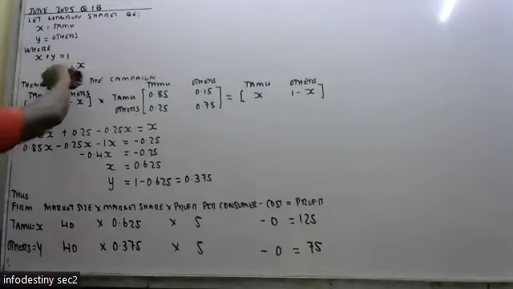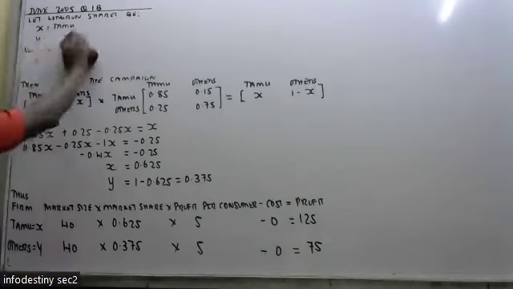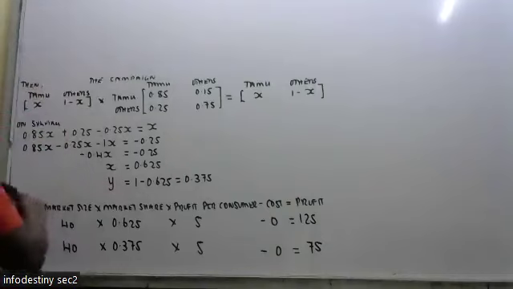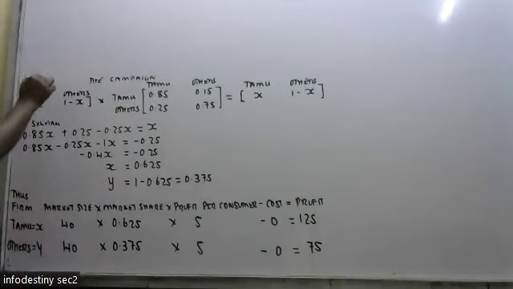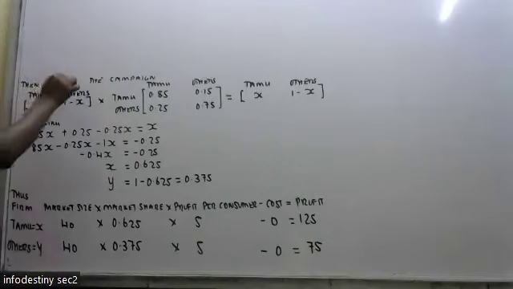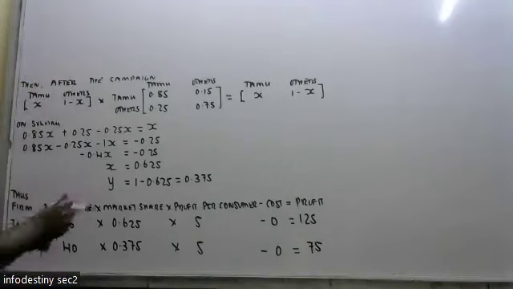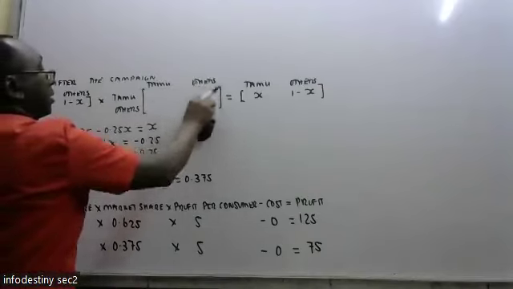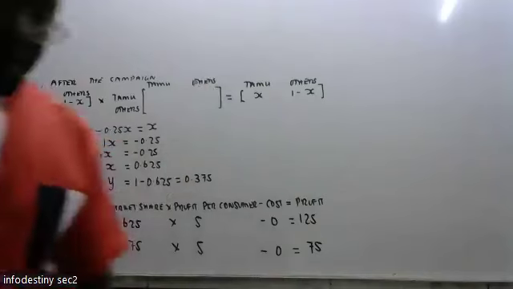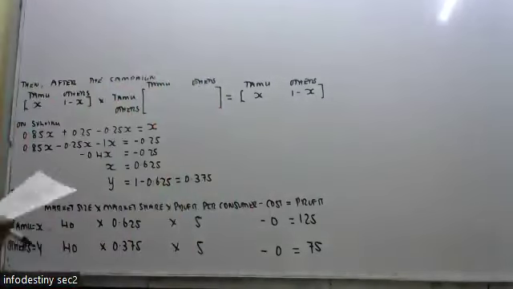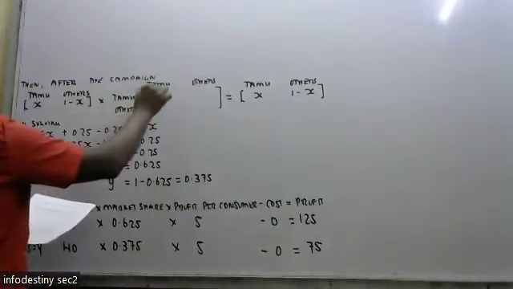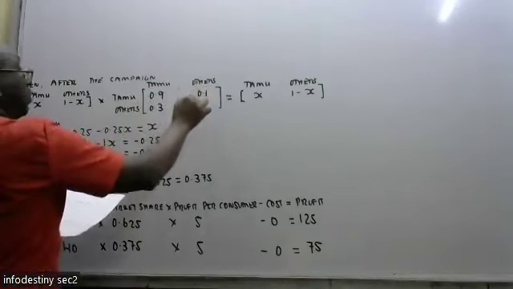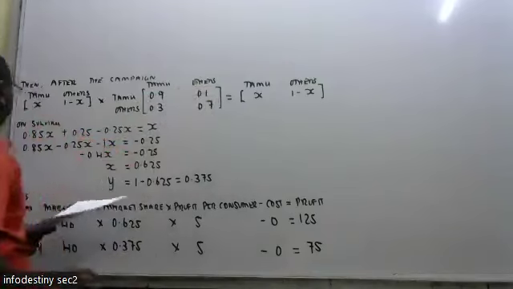Then from there, you tell us what happens after the campaign. After the campaign, we will change the transition matrix. The transition matrix, we are told, is 0.9, 0.3, 0.1, and 0.7.